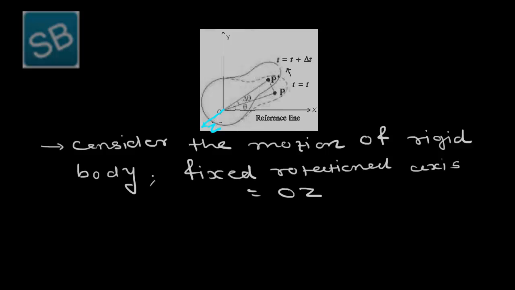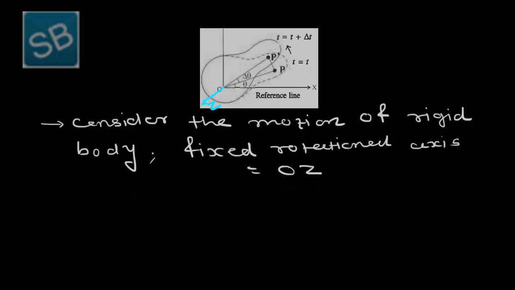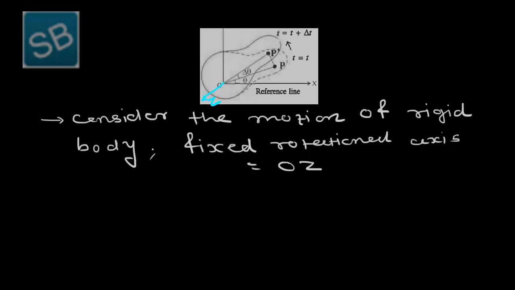But here I consider the particle P of a rigid body. So at time t equals t, first of all, the particle which I consider here is P of the rigid body.